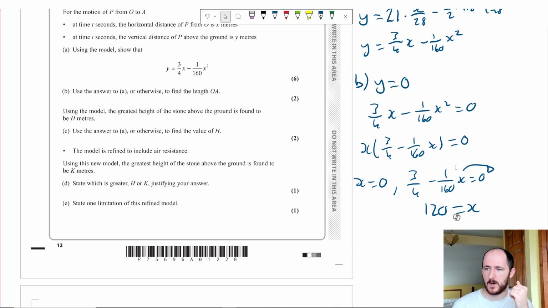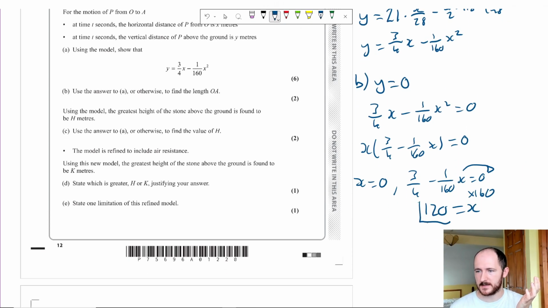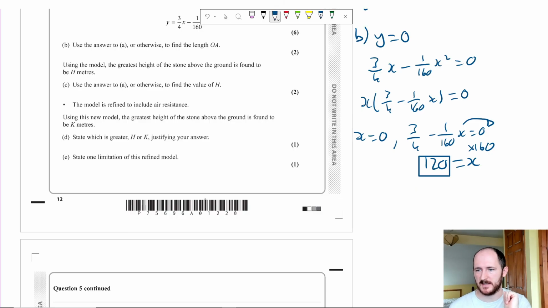So again, I added 1 over 160x to both sides, then times by 160. Cool, so that means the length of OA should be 120 meters. Wonderful. That's another 2 marks. Okay, that's not that great, I suppose.